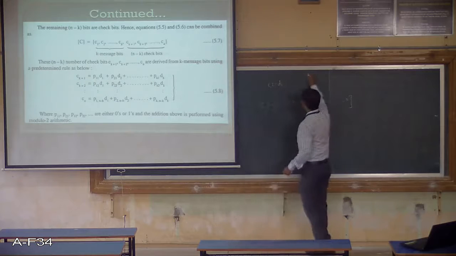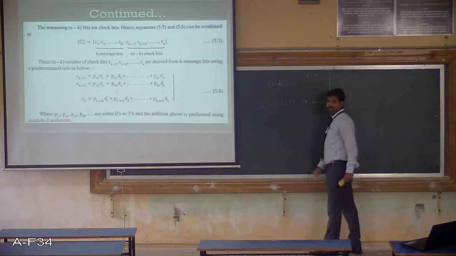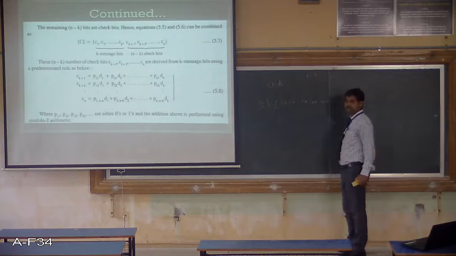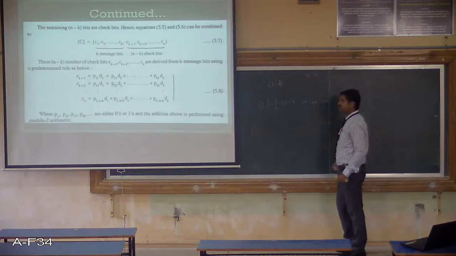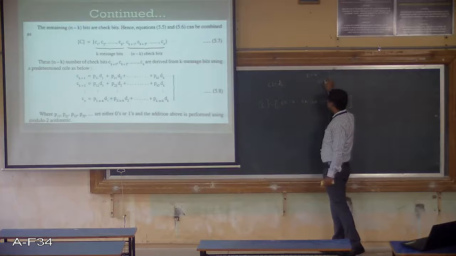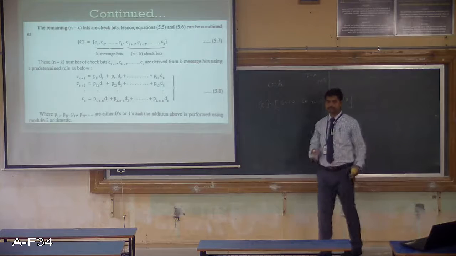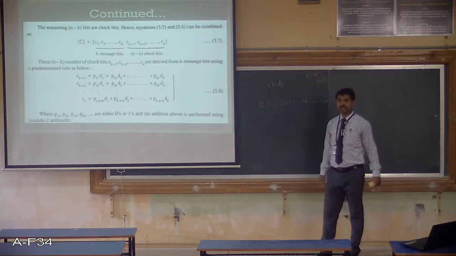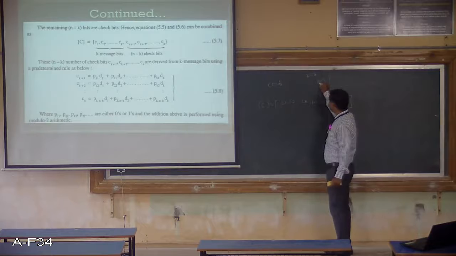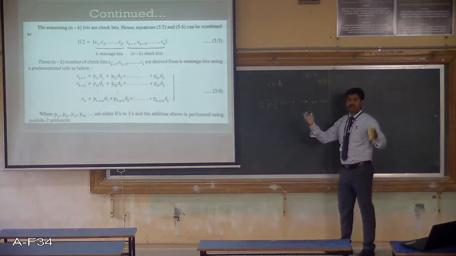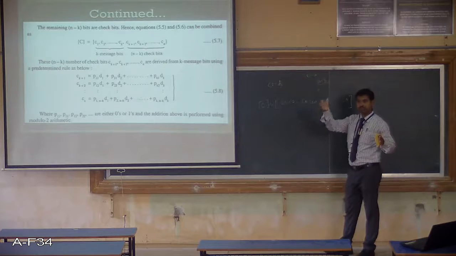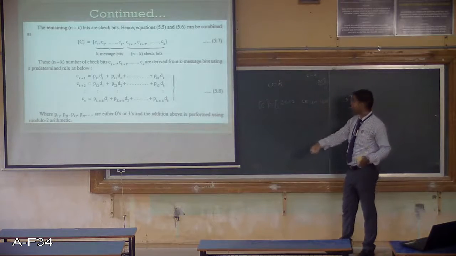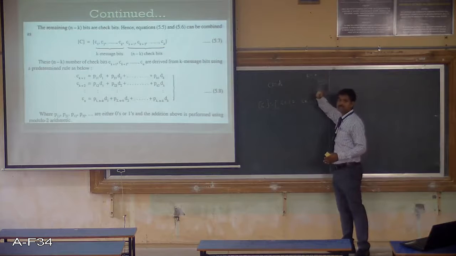Suppose the length of the message is 3 bits and the length of the code word is 8 bits. In the 8-bit code word, those k bits must appear. What is k? K is 3.